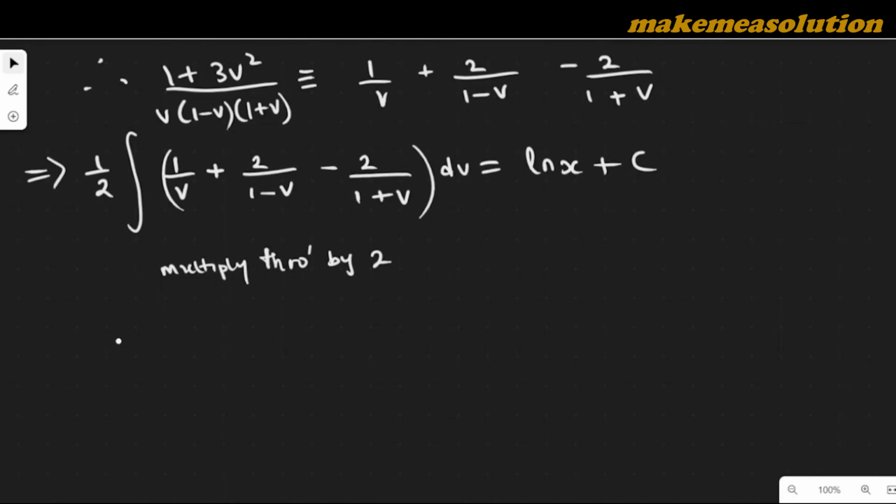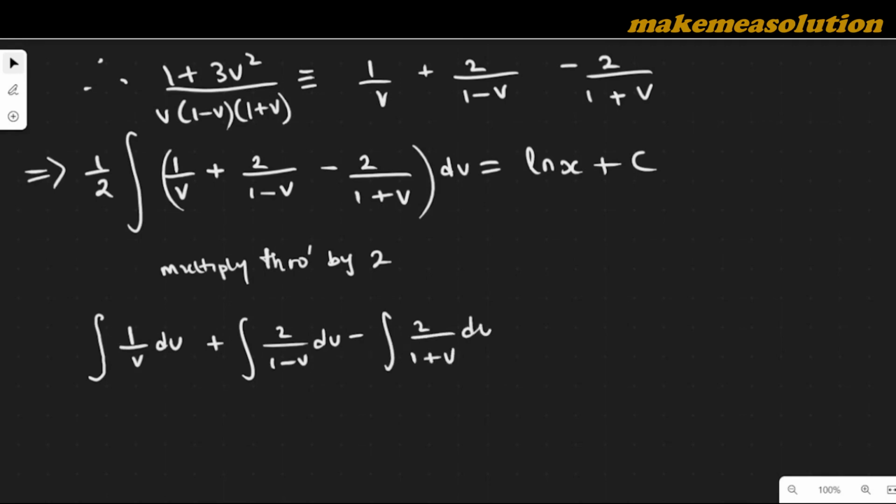So when you multiply the left hand side and the right hand side by 2, I'm going to distribute the integral as well: integral of 1 over v dv plus integral of 2 over 1 minus v dv minus integral of 2 over 1 plus v dv is equal to 2 ln x plus 2c.